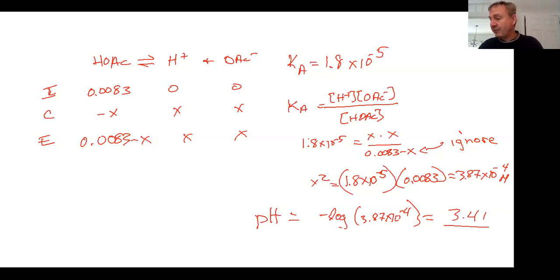What's going on in this problem is we added a buffered solution, right? So we have this basic truth. Acetic acid falls apart to H plus and the acetate anion.